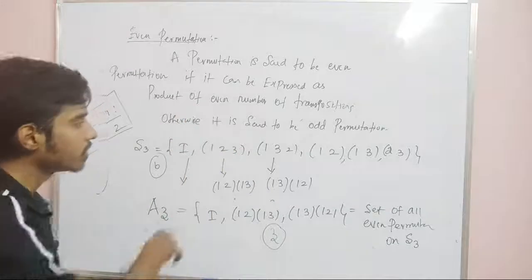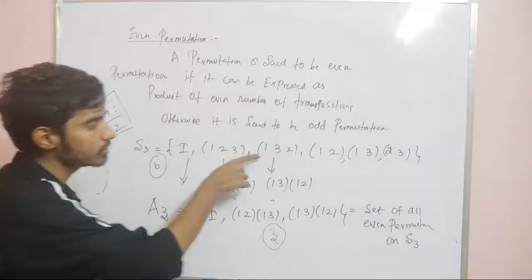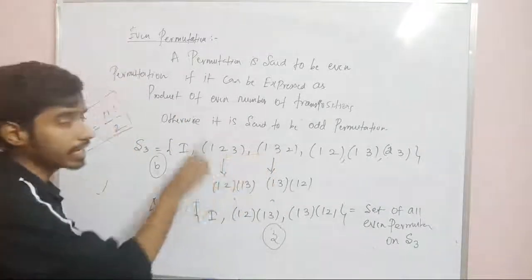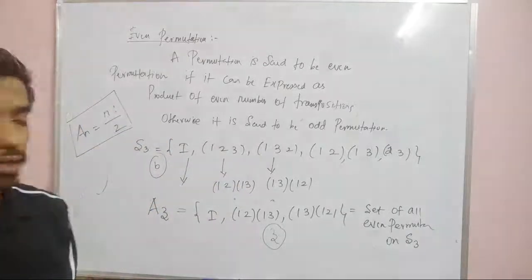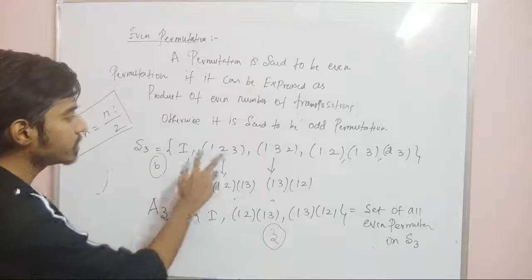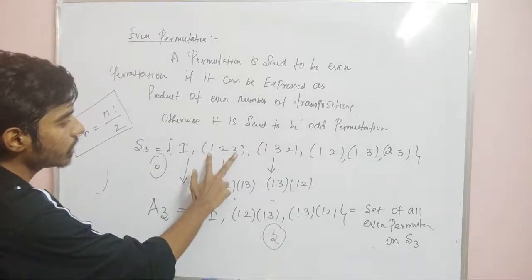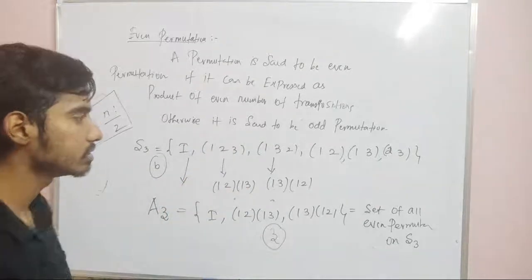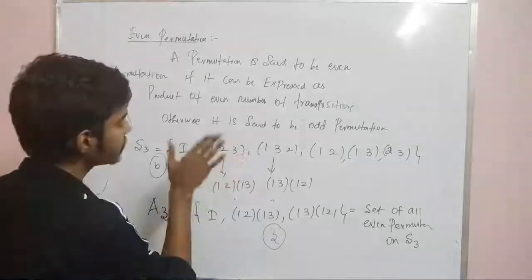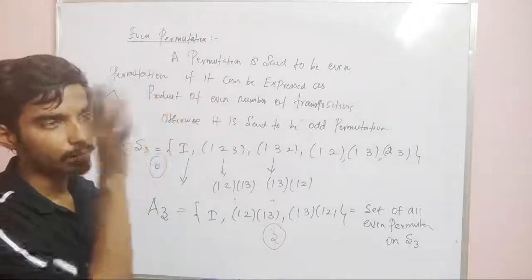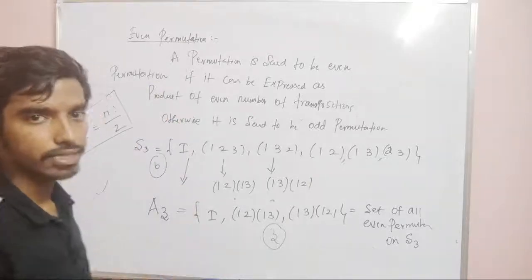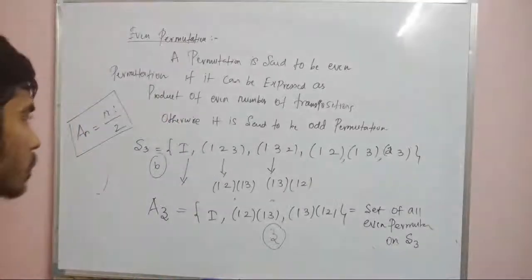You can see this cycle is of length 1, this cycle is of length 2. A cycle of length 1 will always be an even permutation. We will note the result later on. So you just write every permutation as a product of transpositions, and if the number of transpositions is even, you collect that in a separate set, and you form A4.